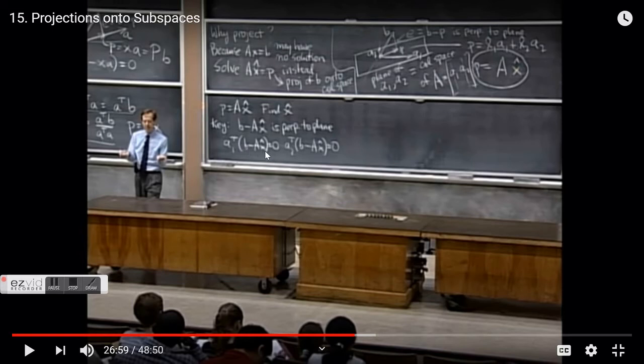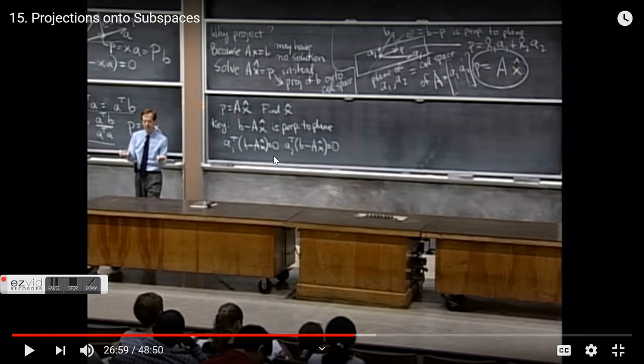A1 transpose times B minus AX is 0, and A2 transpose times B minus AX is 0. These two equations tell you that your E vector is perpendicular to the whole column space.